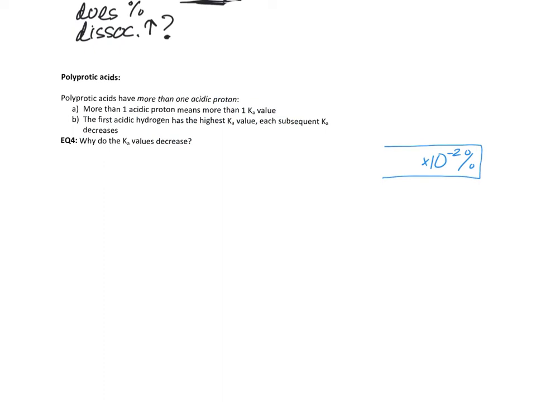All right, let's move on to polyprotic acids. Polyprotic acids have more than one acidic proton. So an example of a polyprotic acid would be something like H2SO4. This is sulfuric acid. There are two acidic protons here. There's also H3PO4.